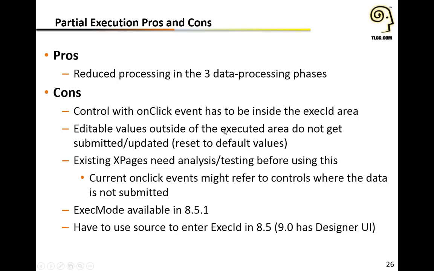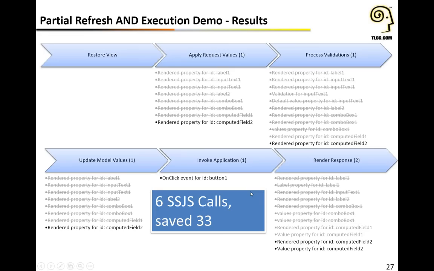Editable values outside of the partial execution area don't get submitted and they don't get updated. They get reset to their default values. So clearly, you're going to be very careful when you apply this to existing applications. And I mentioned before that in 8.5 you can do this stuff, but only 9.0 has the user interface in Designer if you're not using the source pane.